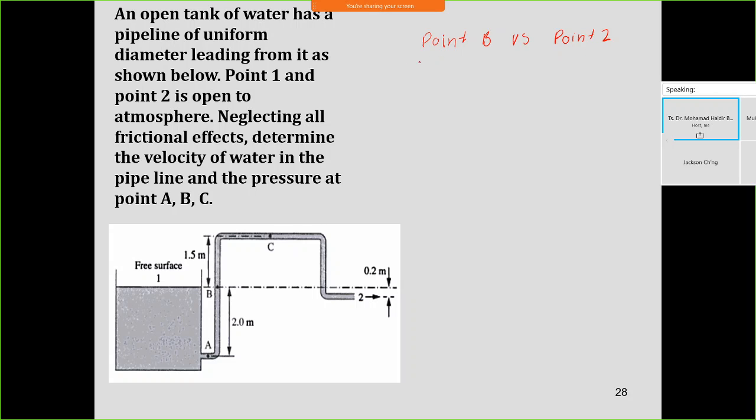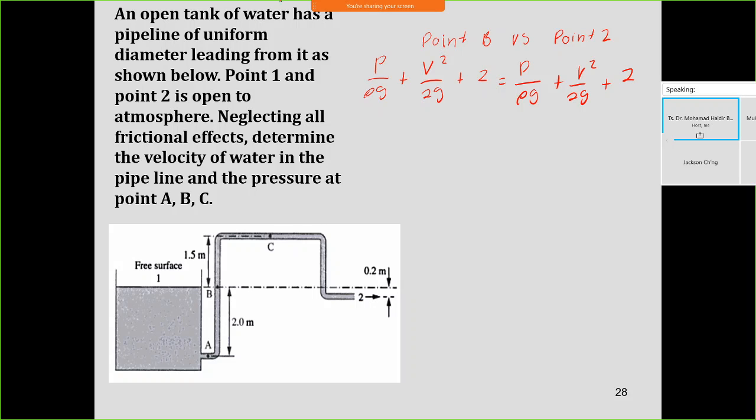Let's start with the equation first: v square over 2g plus z equals P over rho g plus v square over 2g plus z.